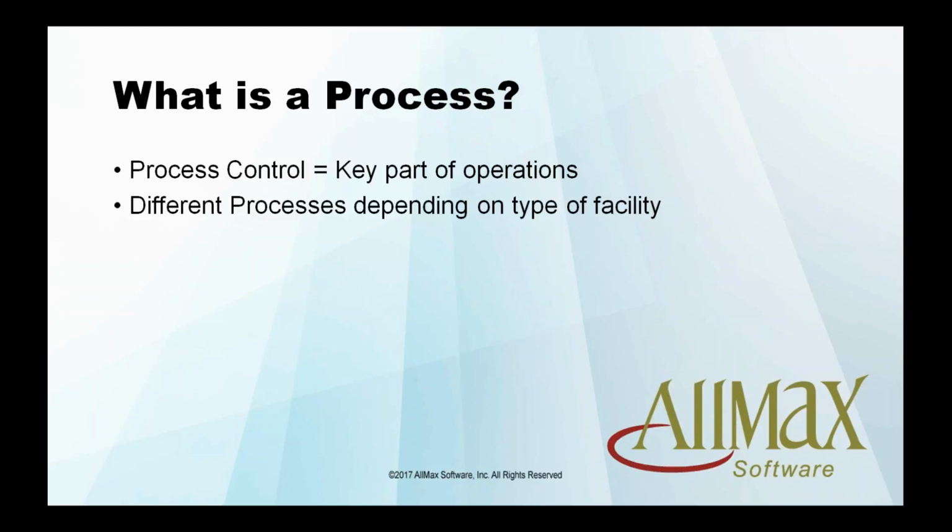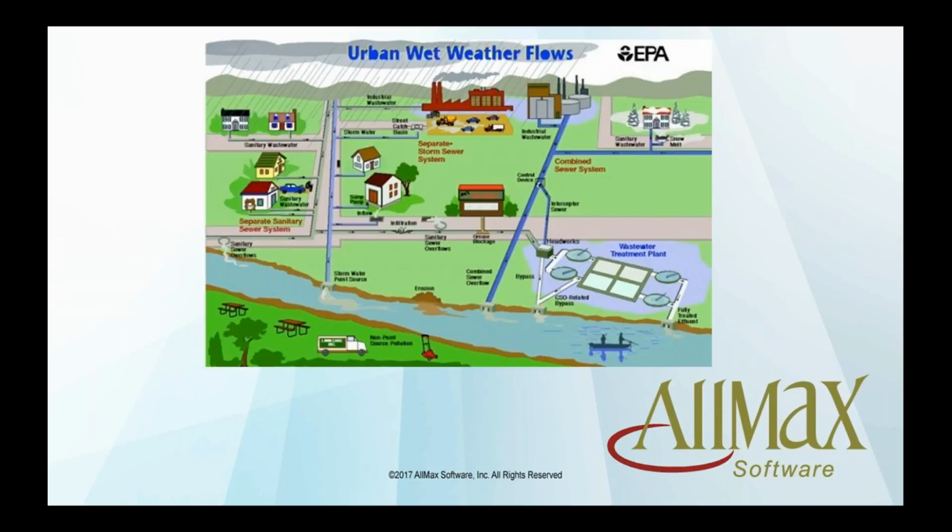efficiently. There are different types of processes depending on the type of facility that you have. So if we look here at a municipality in a given sector, what we have may determine what kind of process you do and what you can do in the program. For example, with the wastewater program, technically your entire municipality is a process.